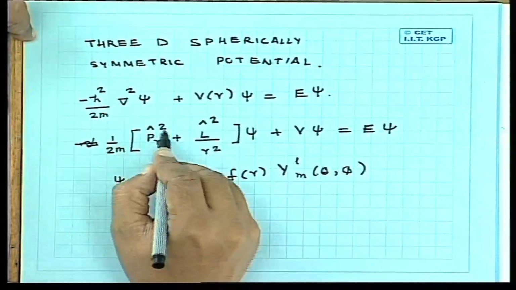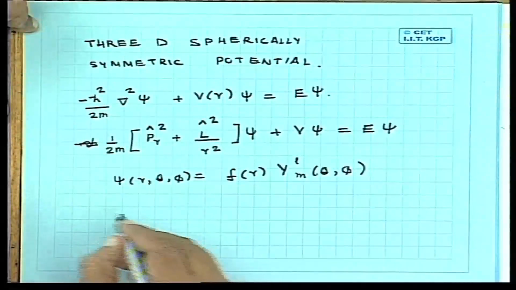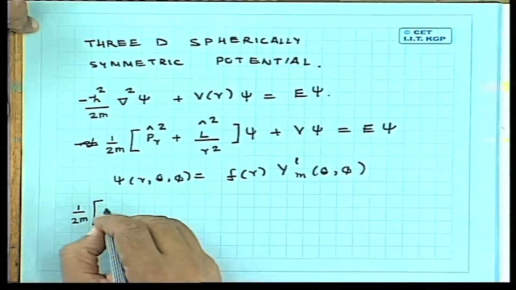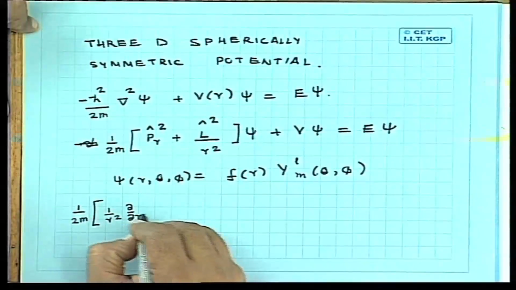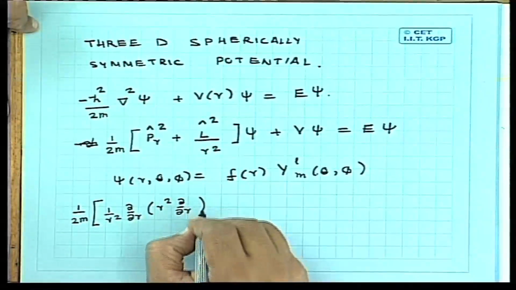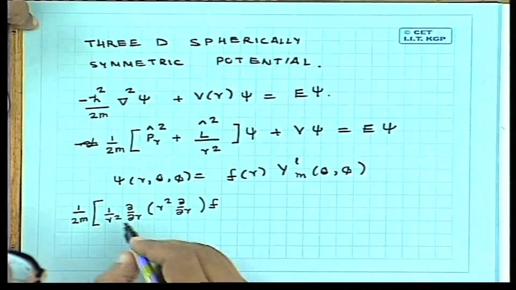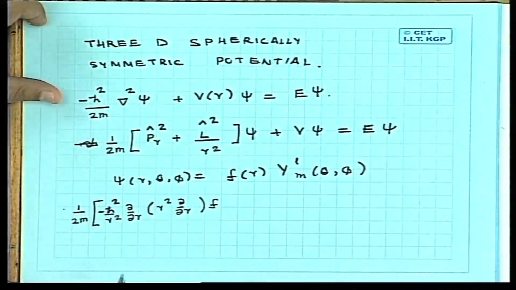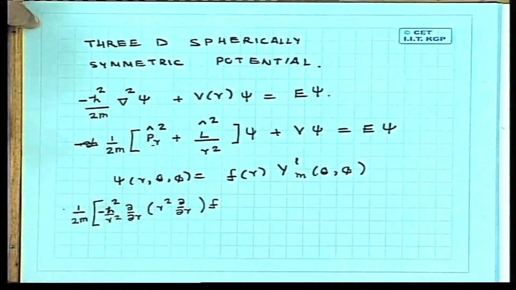If I put in the operators, the radial part of the Laplacian operator gives us minus h cross square by 2m, 1 by r square del by del r, r square del by del r, this operator acting on F. So this is what comes from the radial momentum, or the radial part of this Laplacian operator.